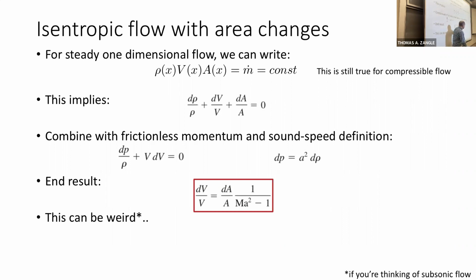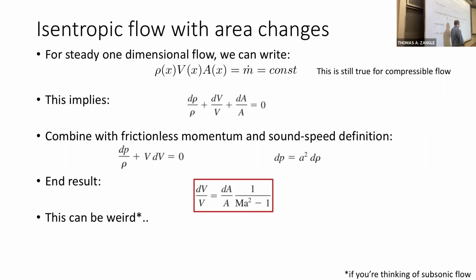Let's say the Mach number is really low, basically 0. Then this thing drops out, this becomes 1 over 1, right? So in the incompressible case, any changes in area result in change in velocity in the way that we expect, right?